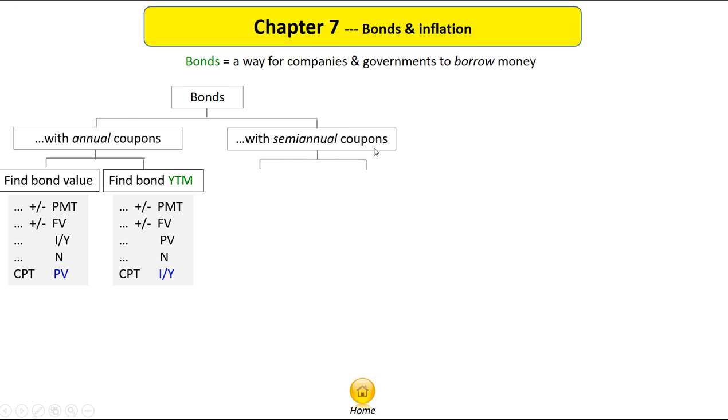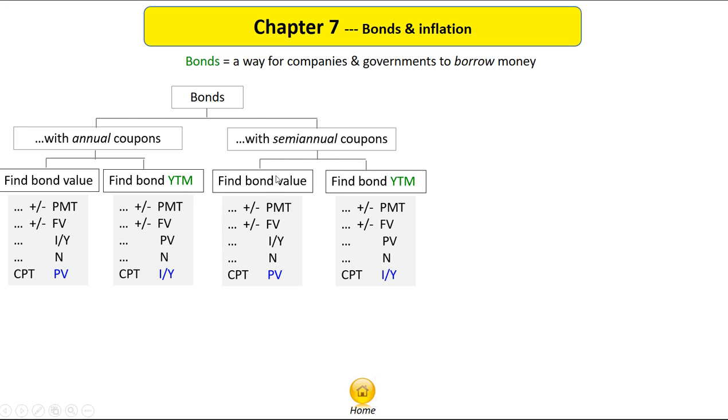For the calculations with semi-annual coupons, we are doing exactly the same steps in the financial calculator, except because there are 2 coupons per year, we need to make a few adjustments here and there. The PMT, the annual coupon payment amount, must be divided by 2.